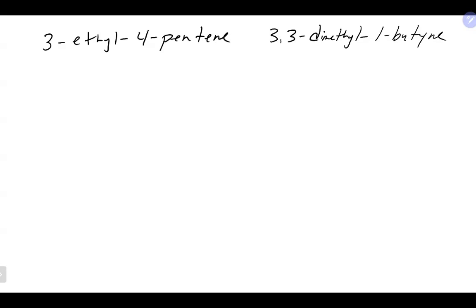All right, let's take a look. Once again, we're going to work backwards. Pentene is based off of pentane, which means we should have 5 carbons. And ENE means there's a double bond at carbon number 4, which is what the 4 means. I'm going to call this carbon number 1, which means carbon number 4 for me, 3, 4 would be here. And that is where we will put our double bond.